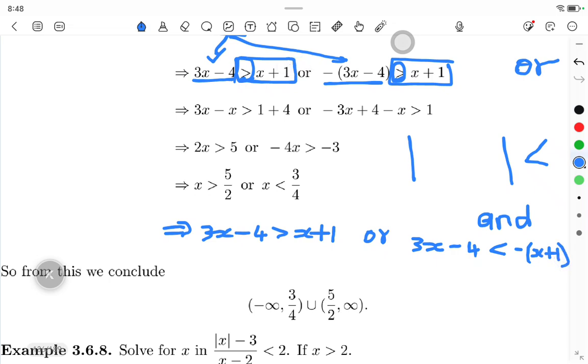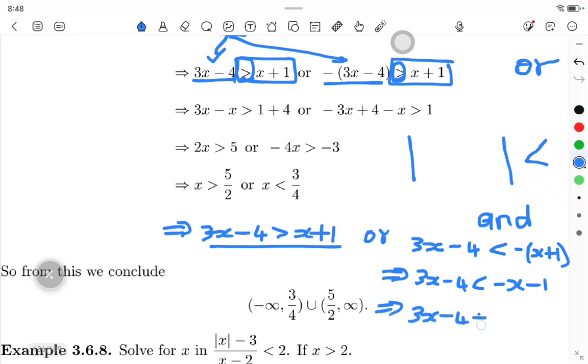Since this one is the same, let's compare this and see if we can get to this. If you see here, we have 3x minus 4, which is less than minus x minus 1. If we take everything to the other side, we're going to have 3x minus 4 plus x plus 1, which is less than 0.